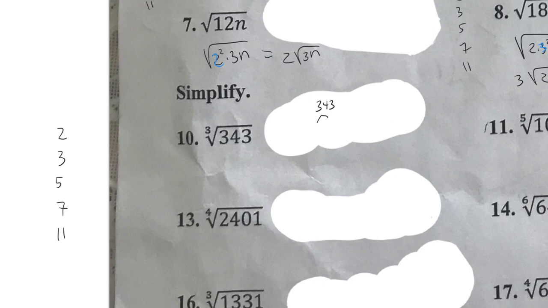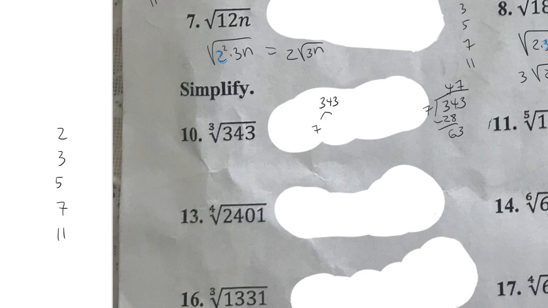No. Does 7 go into 343? Maybe. I think so. Oh man, this one's crazy, right? So 7 times 4 is 28. 14 minus 63. Yeah, so 7 goes into 343.